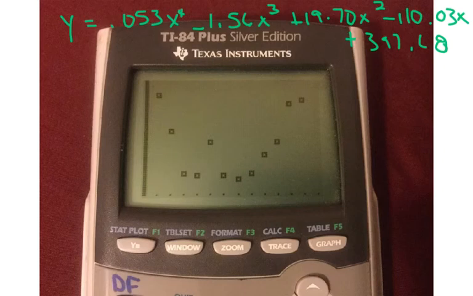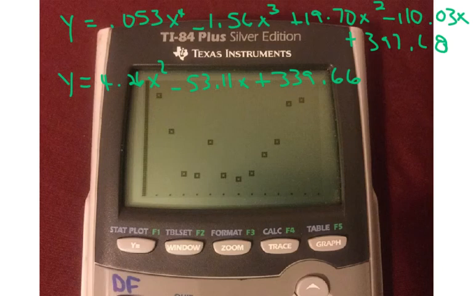If you think, however, that it's quadratic, then the equation you're going to get is y equals 4.26x squared minus 53.11x plus 339.66.